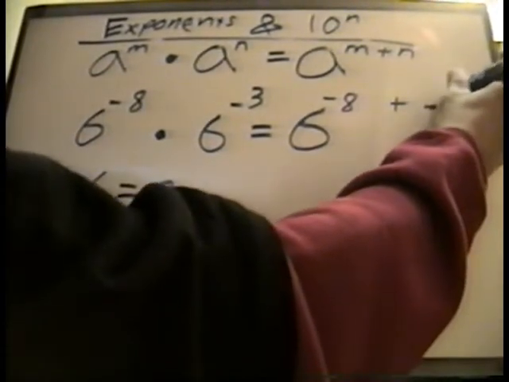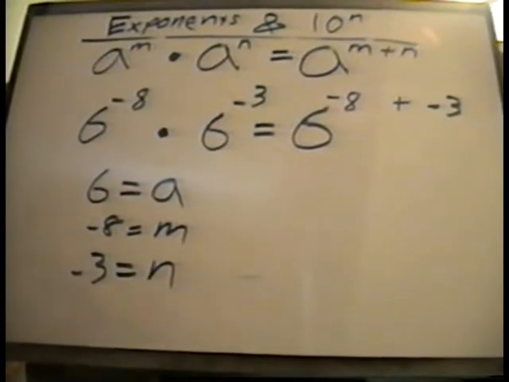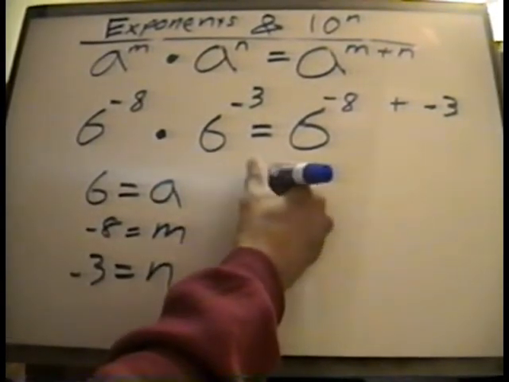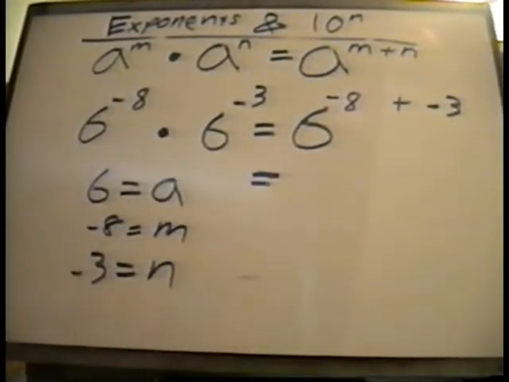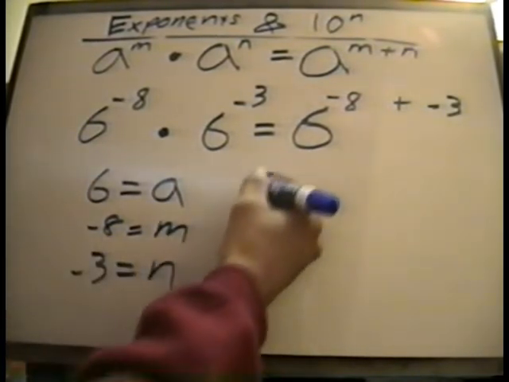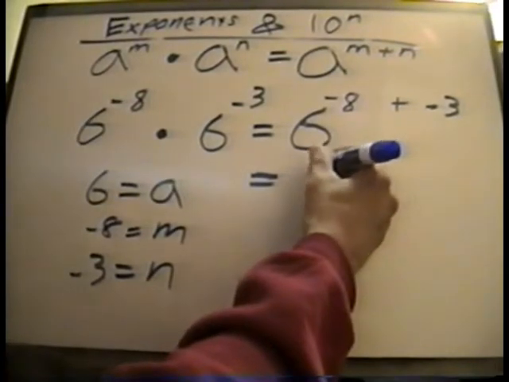So you get 6 to the power of negative 8 plus a negative 3. So you add those two numbers together, that becomes 6 to the power of negative 11.